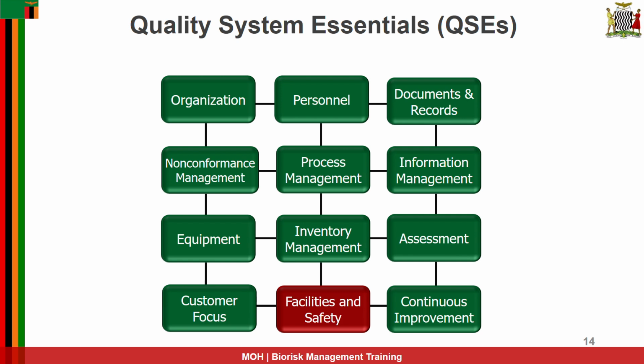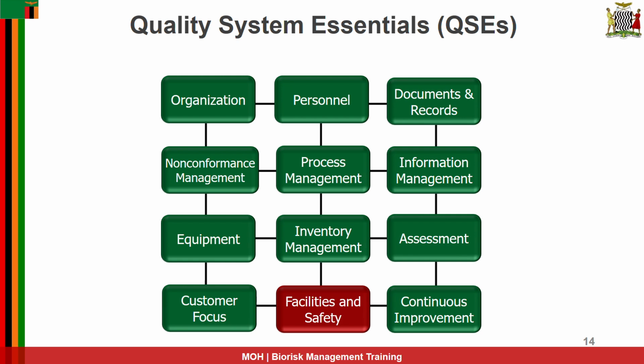Okay, so now let's try to look at what are some of the ways in which you can check whether or not you are meeting certain requirements from some of the standards that are available. So we'll start from the basics. So we'll look at the basics of quality management systems.